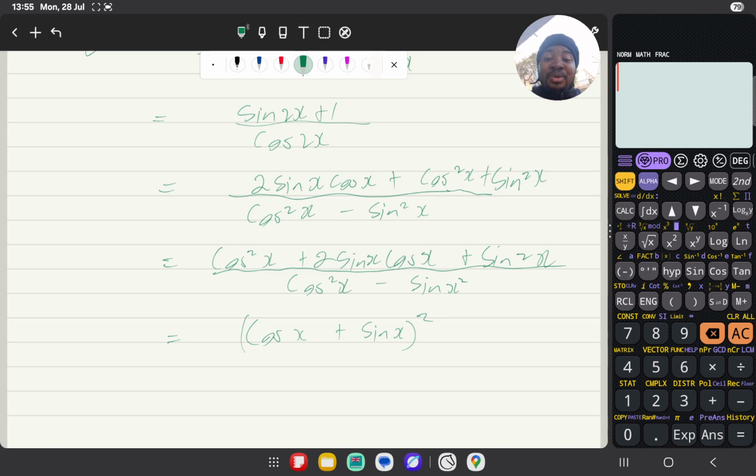So on this line, if I had space, I would write it this way, and then on the next line I would make it 2 brackets, right? But now it's cos squared, so I want to make it like this. Say cos x plus sine x, right?